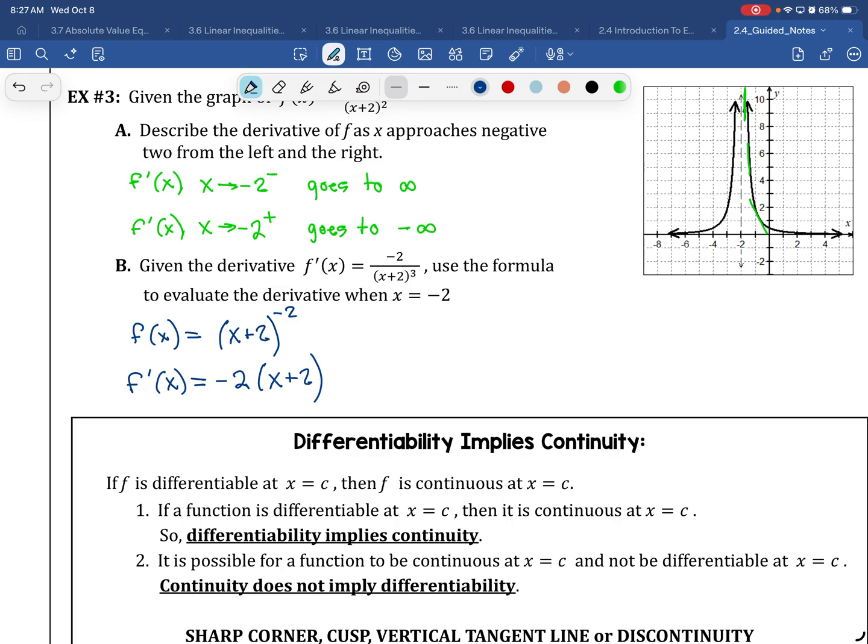What's the new power? Which one? 1 or negative 3? With confidence. I like it. Negative 2 minus 1 is negative 3. Is that the same as that? Yeah, those are the same, right?